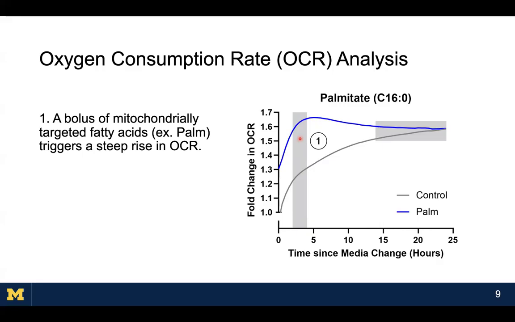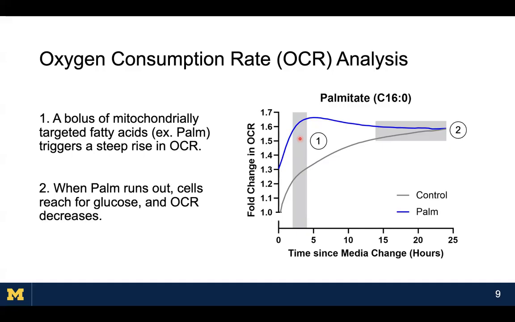They first reach for palmitate, OCAR spikes really suddenly. At this later time point, closer to 25 hours, palmitate has run out and cells start to reach for glucose, and OCAR decreases because whether glucose is aerobic or anaerobic, it's not going to consume as much oxygen as that sudden beta oxidation event did.